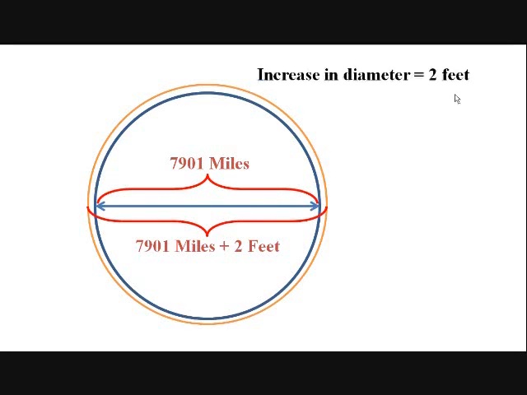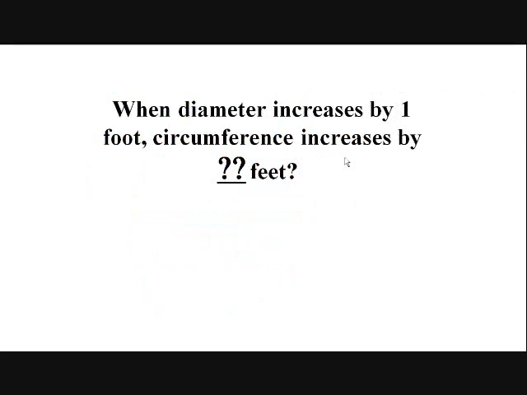But that begs the question, when we increase the diameter by 2 feet, how much do we increase the circumference by? So I want you to pause and ponder on that for a moment. Okay, so this is a little twist on something I've been talking about a lot up till now. In case you didn't get it, let me give you a little hint here.